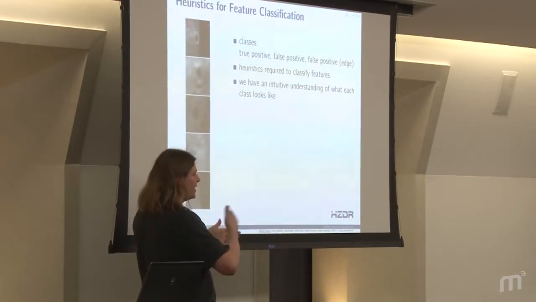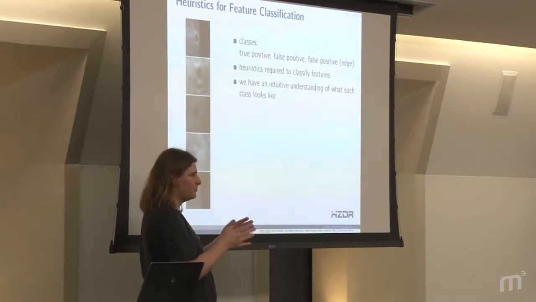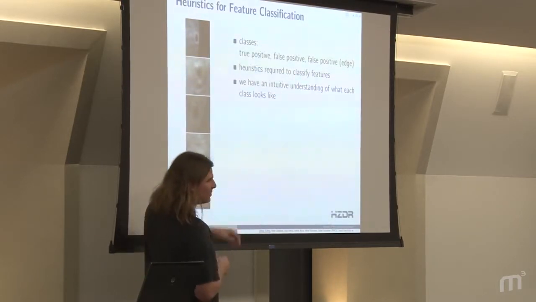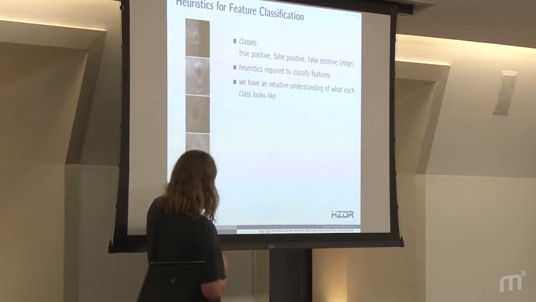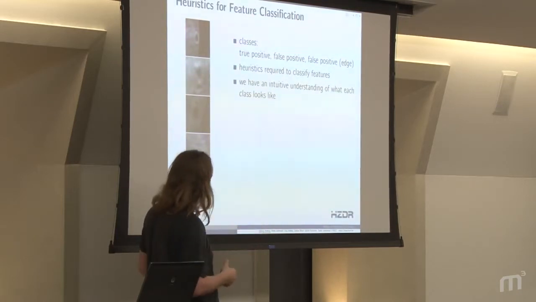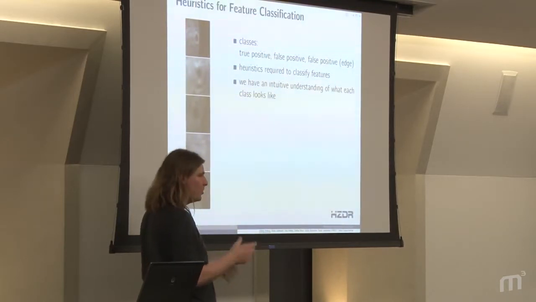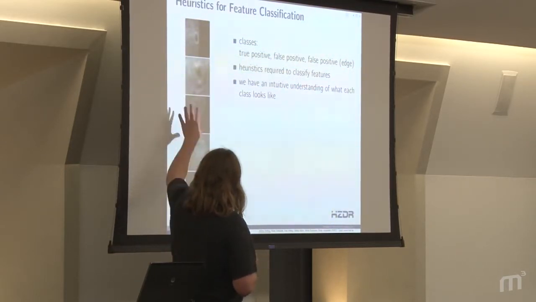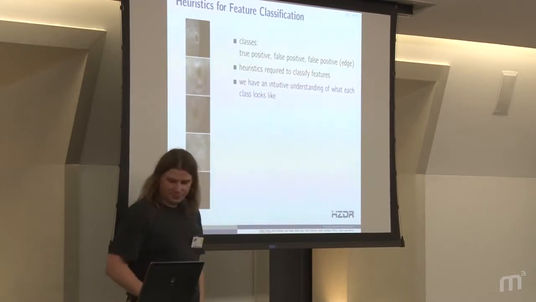So basically, in the end, we have false positives and true positives in this case. And we have these edges. That's basically just for future extension. Basically, we detect edges, because edges could point not only to the edge of the beam or bad aperture in the imaging process, but also to objects which have been put into the beam and which we might also want to localize. So these are the three categories we have.